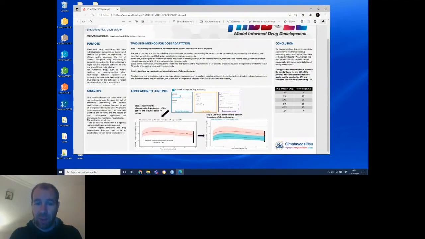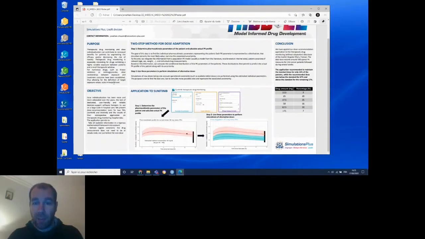So based on that, we're able to really decrease the variability of the information. So what we have is the variability of the clearance and the volume, as we are not taking only the population into account, but adding covariates and measurements. The conditional distribution has a much lower variability.